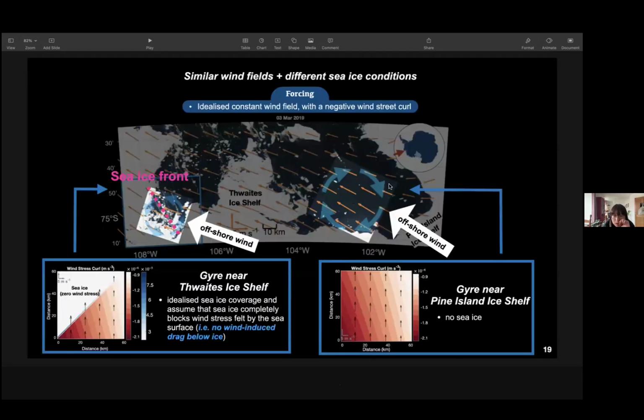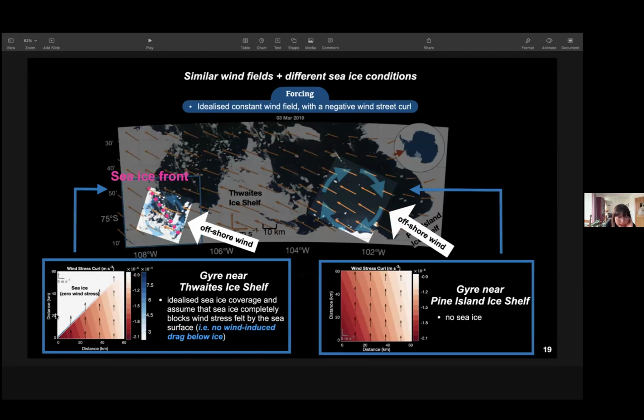So for this one, we set one experiment that has the offshore wind blowing here, with the forcing that I just described. And then for the other gyre, with the offshore wind here, something different with the forcing is that now we are setting a sea ice layer.